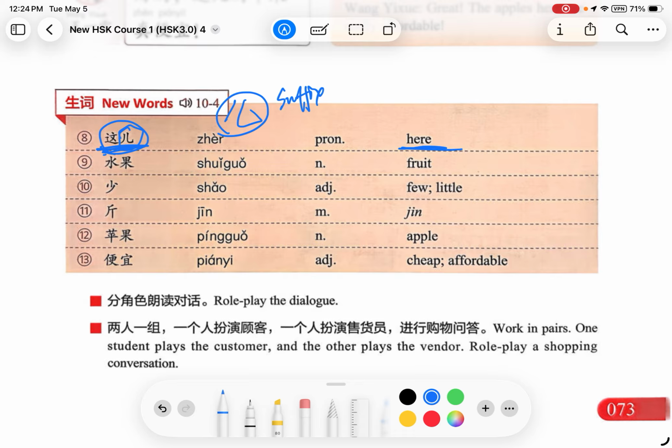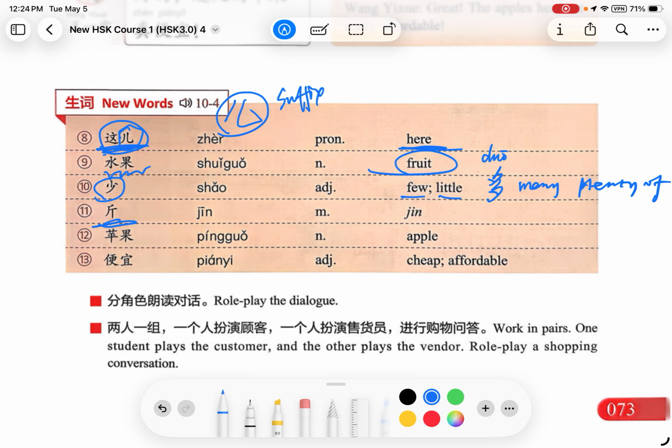So it means here, 水果 fruit, 少 means few little. We learned 多 before. 多 means plenty, many, plenty of.